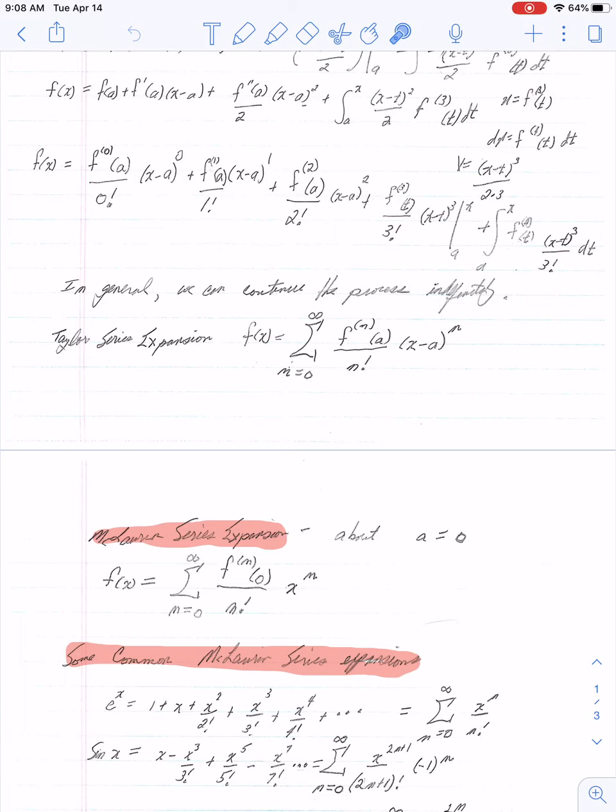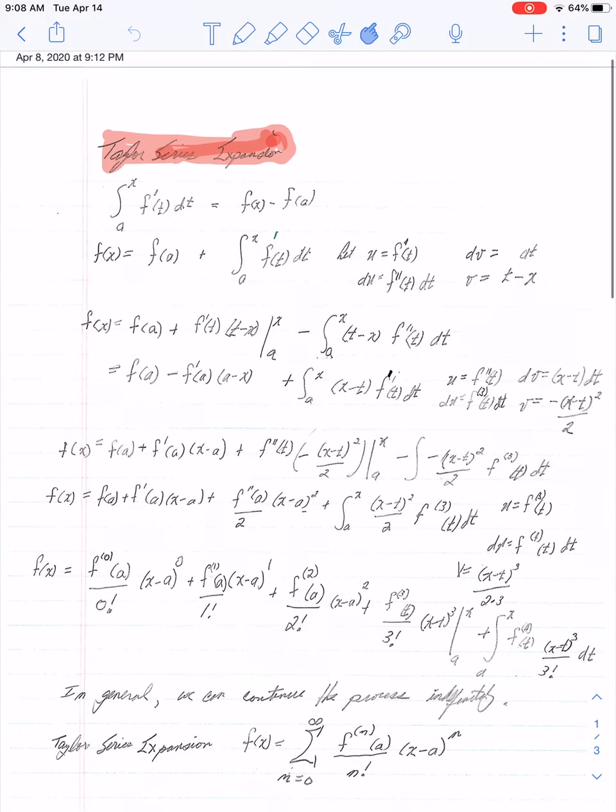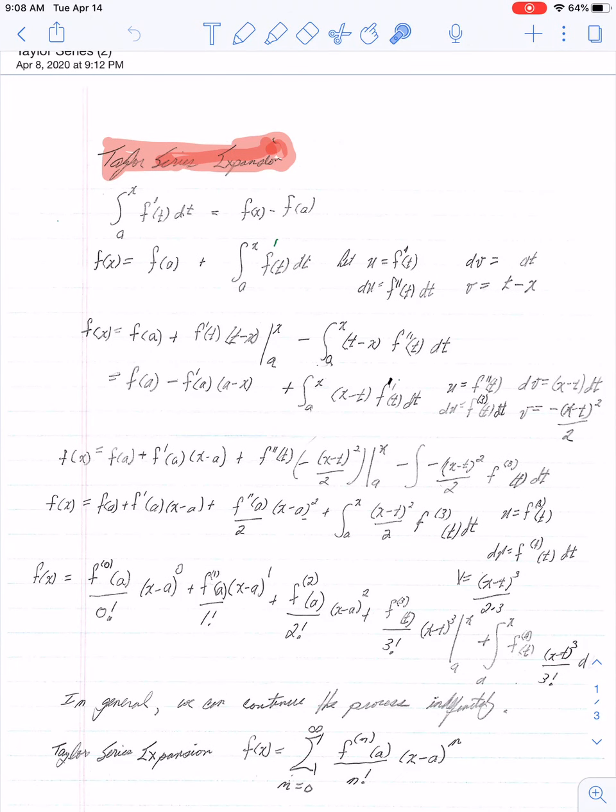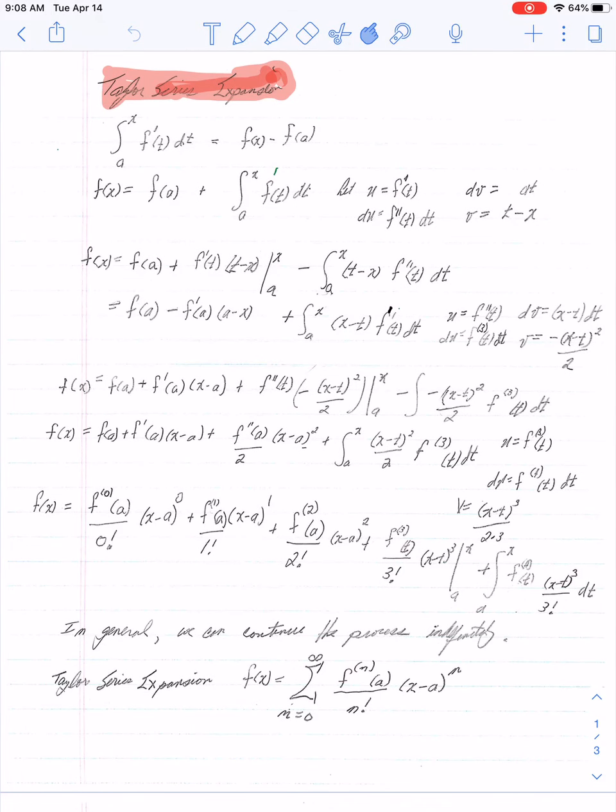And we say it's the Taylor expansion about a equals 0. So what does that mean? If it's the Taylor expansion about a equals 0, it means that when I take this formula right here and I plug in a equals 0, that's the Maclaurin expansion.